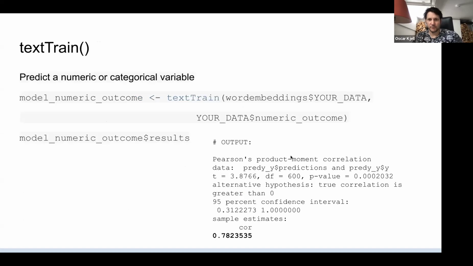I could just point out, in one of Lisa's questions, that when you train a model like this, we also have a function where you can add numeric values to the word embedding.